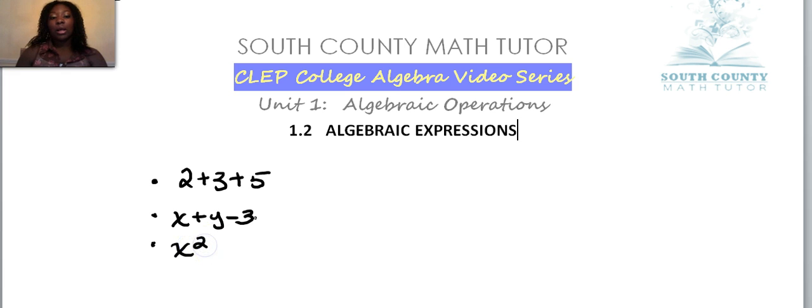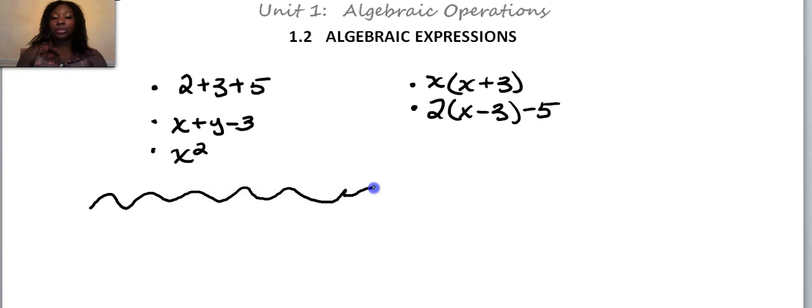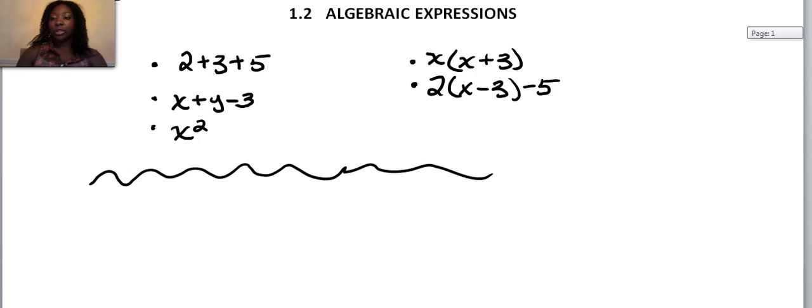These are all examples of algebraic expressions. One key thing that I want you to know is that algebraic expressions don't have equal signs. When they have equal signs, we call those equations. But if they do not have equal signs, those are considered expressions. Expressions don't have equal signs. Okay, before we do this, let's review order of operations.